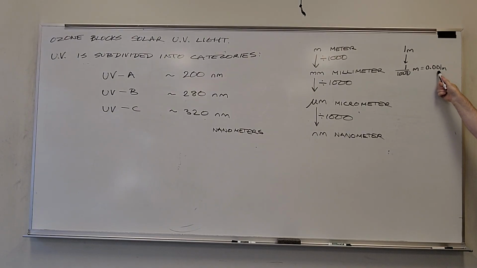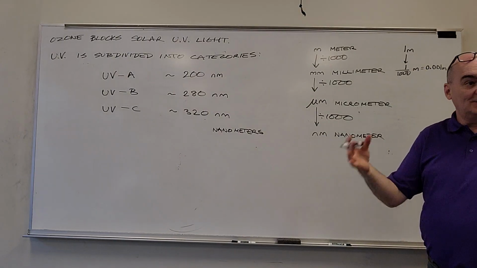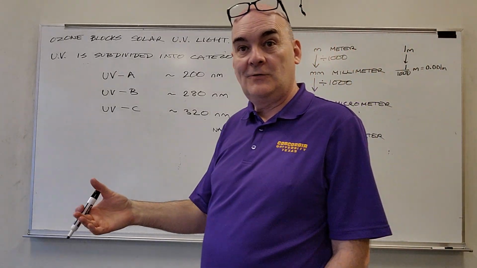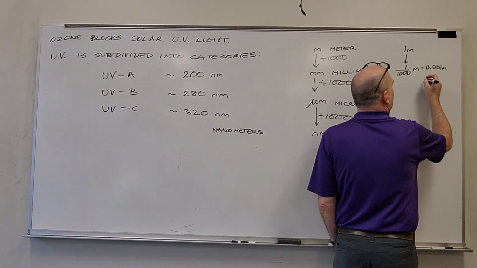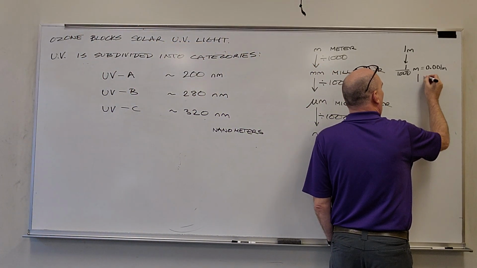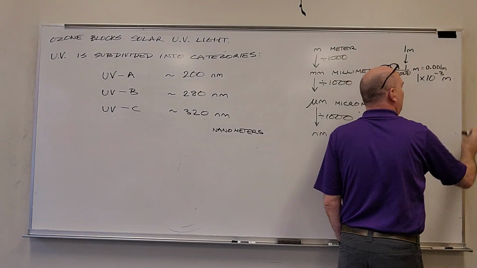If you include the 0 that goes before the decimal, then you know that it was divided by 10 3 separate times. Divided by 10, divided by 10, divided by 10, because 10 times 10 times 10 is 1,000. 10 times 10 is 100, times 10 is 1,000. So this, in scientific notation, is 1 times 10 to the negative 3 meters.